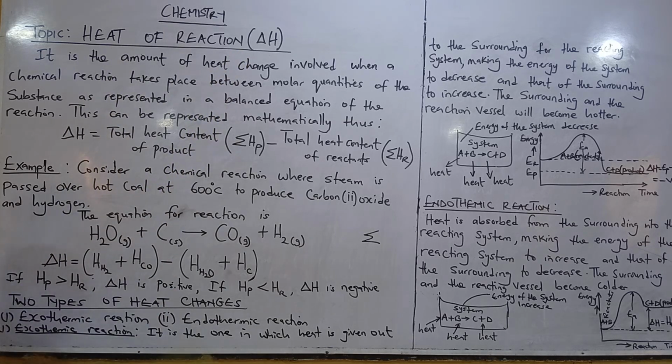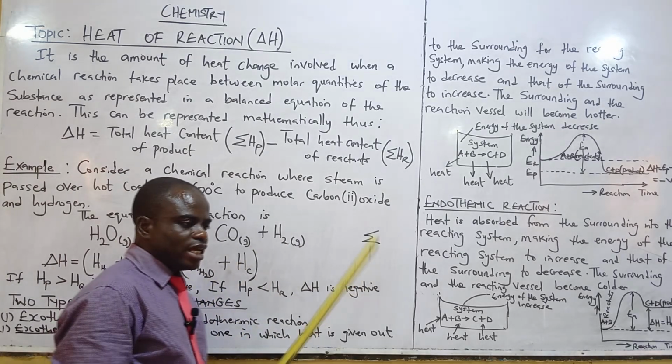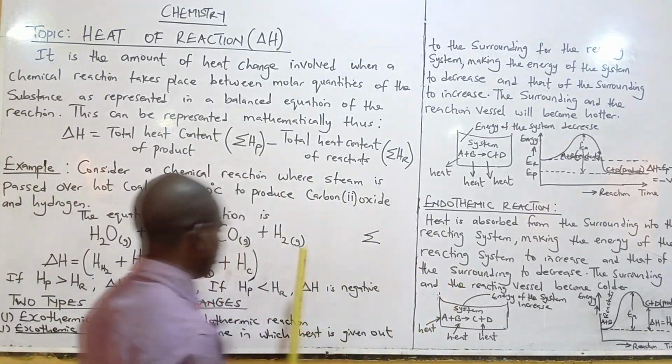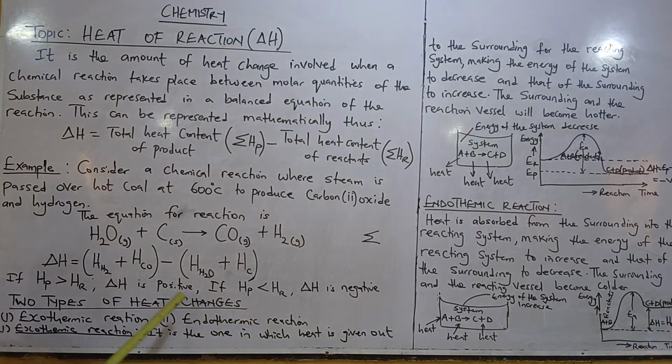Any of the words, heat of reaction, enthalpy change, or total heat content of the reaction. Is that okay? When you get a positive value, it is a sign that it is an endothermic reaction.